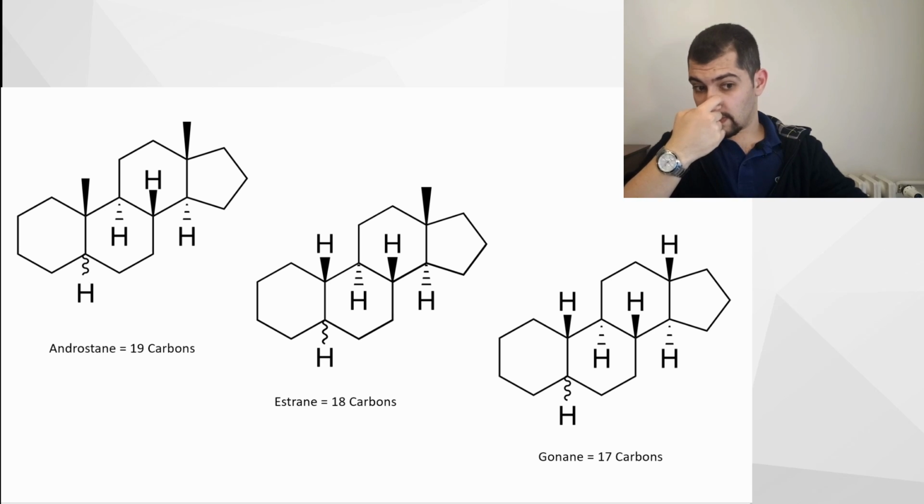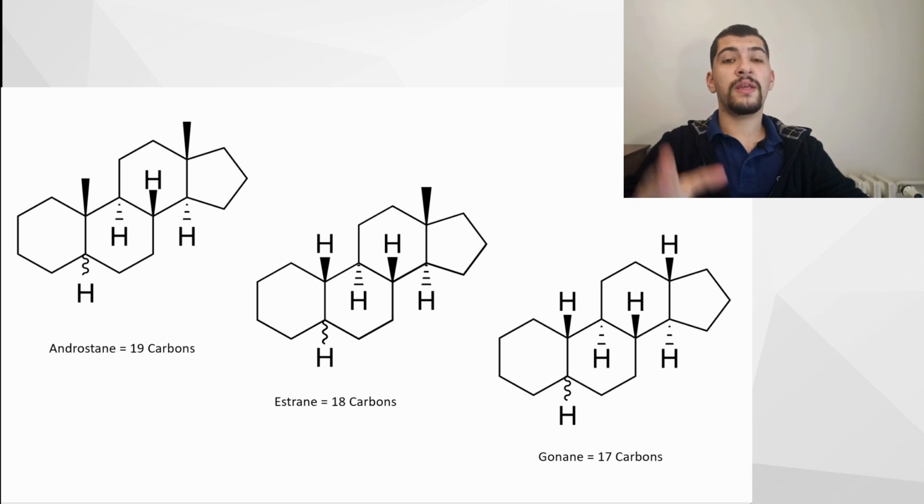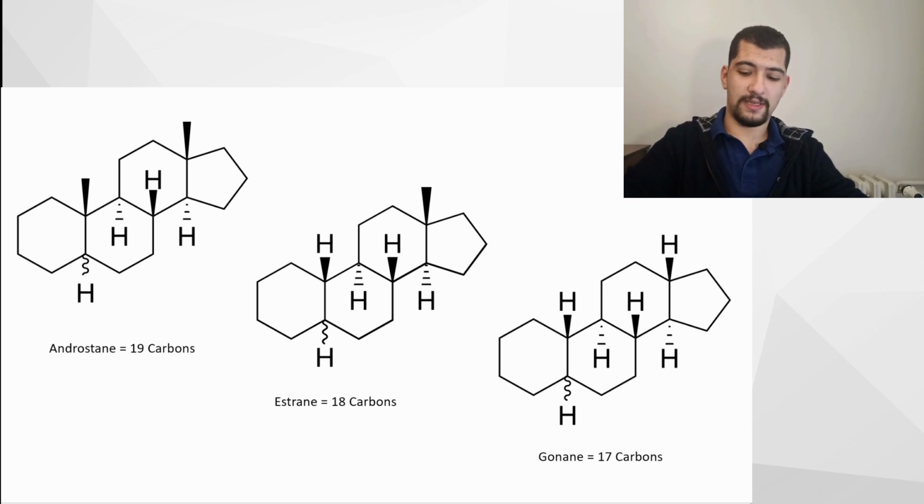So estrogen and gonane family actually belong to the 19-nor-testosterone family too. They both lack the carbon at the 19th position, as you can see.